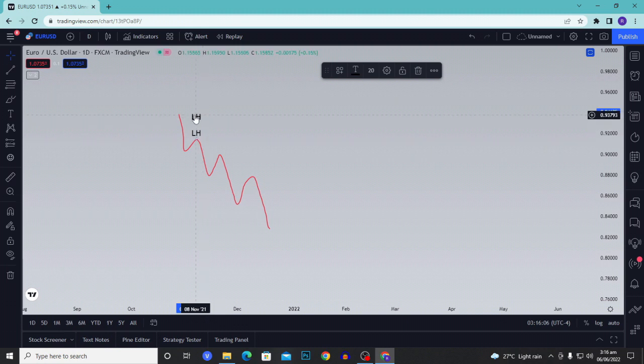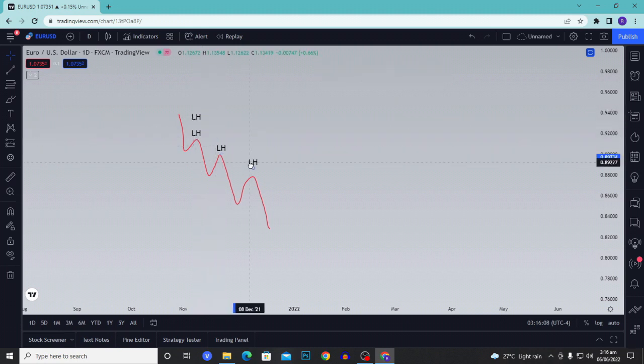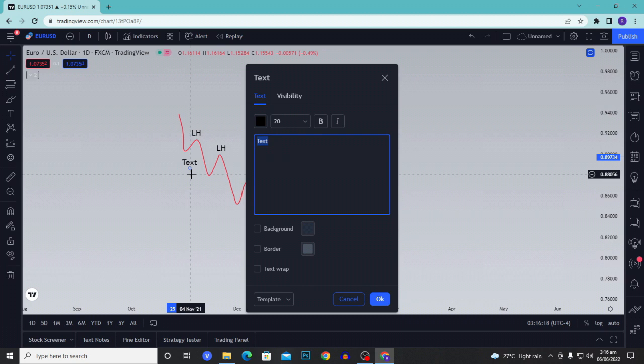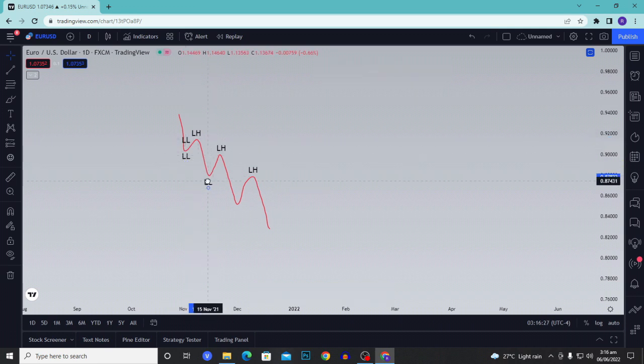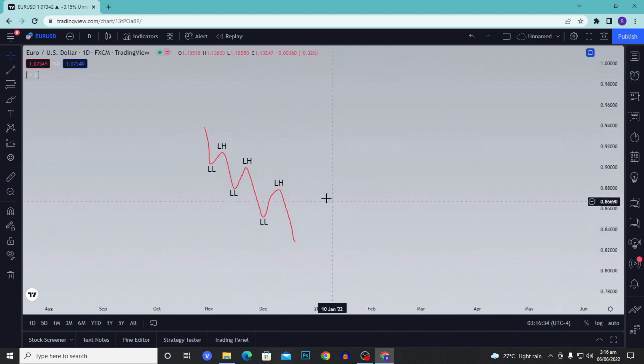These are our lower highs right here, and these are our lower lows, lower lows down here. It's a very easy concept to understand.